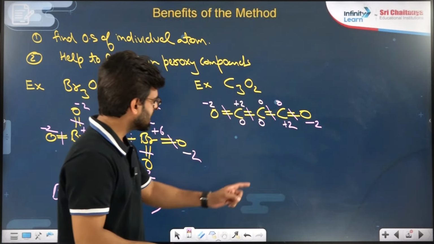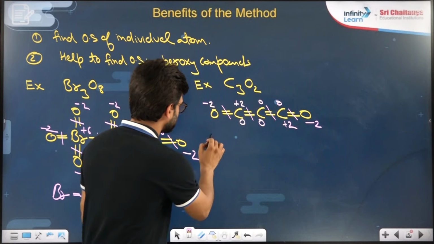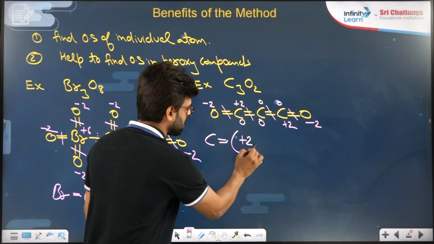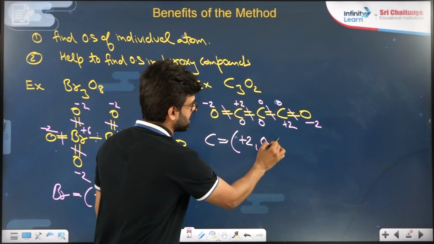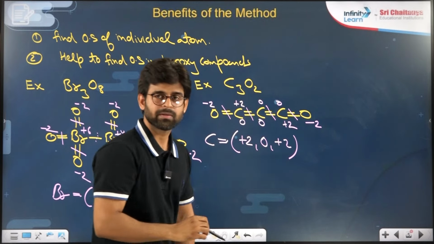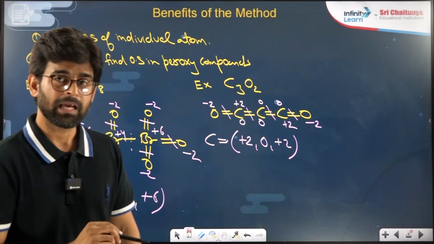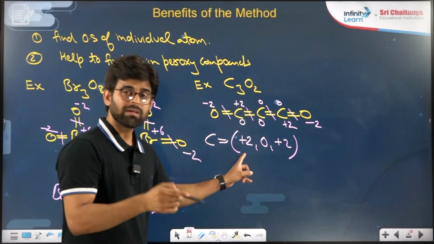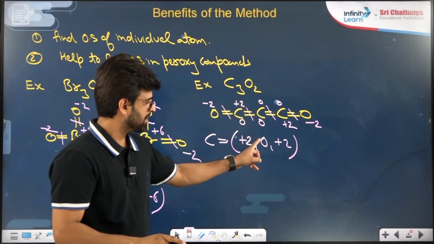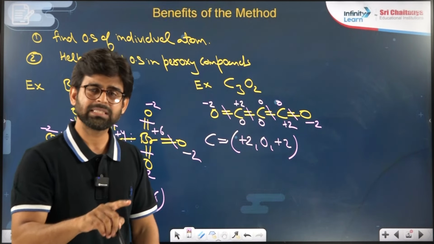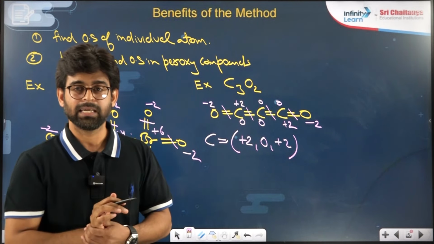So in this case, if I go to every carbon particularly, the first carbon is +2, the next carbon 0, the next carbon again +2. So again we can get each individual atom. The average, if you check, the formula will give you 2 + 0 + 2, that is 4/3.